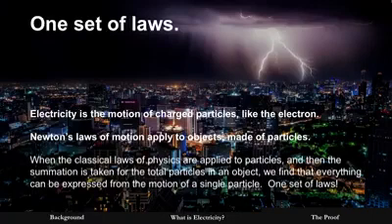Everything comes down to one set of laws. Electricity is the motion of charged particles like the atom, like the electron. Newton's laws of motion apply to objects, which are made of particles. So when the classical laws of physics are applied to particles, and the summation is taken for the total particles in an object, we find that everything can be expressed from the motion of a single particle. One set of laws. That's cool.